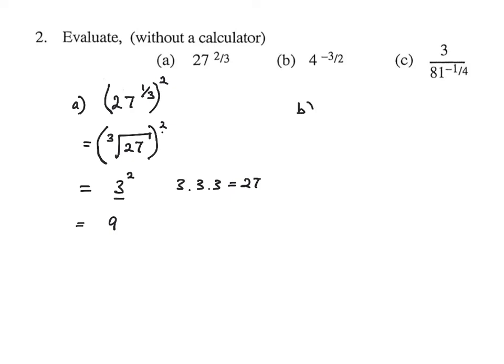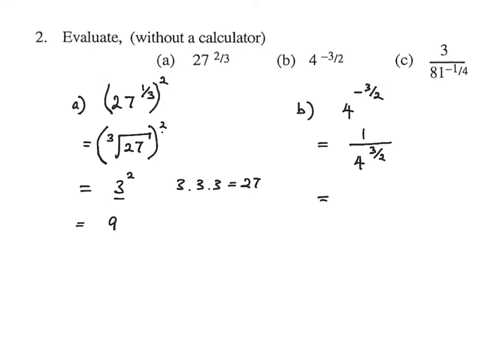Part B, 4 to the power of minus 3 over 2. The first thing we do if we have a negative power is change it. So 4 to the power of minus 3 over 2 is 1 over 4 to the power of 3 over 2.